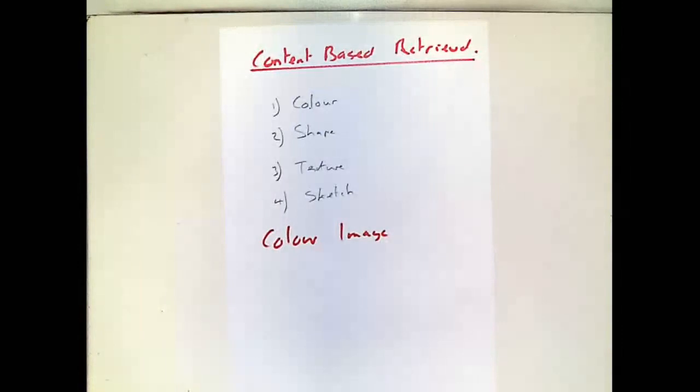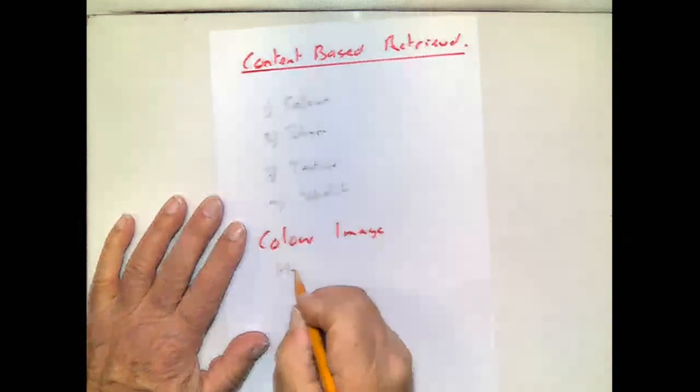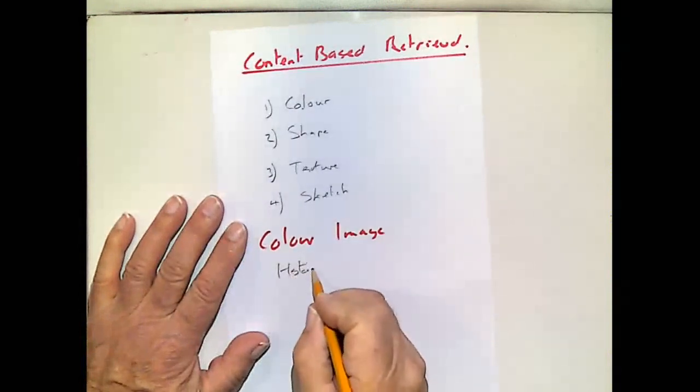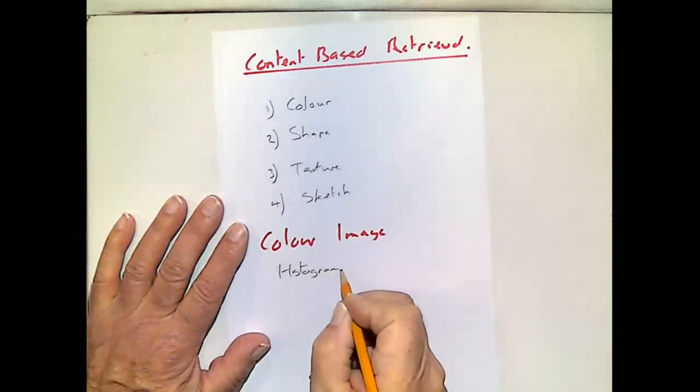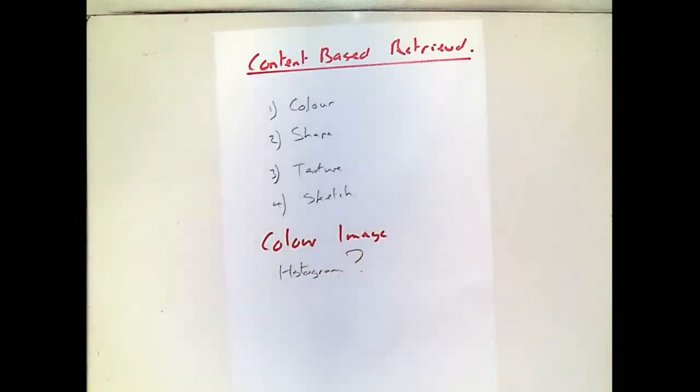From the colour image, it is possible to get a histogram. And the histogram would be a record of the number of pixels in each and every colour.